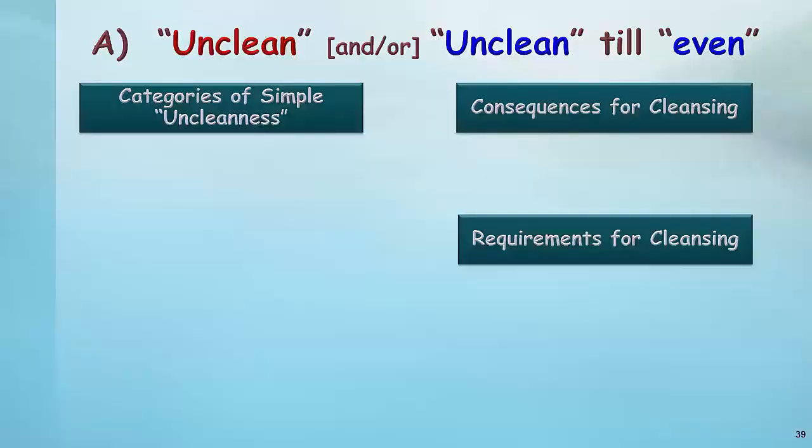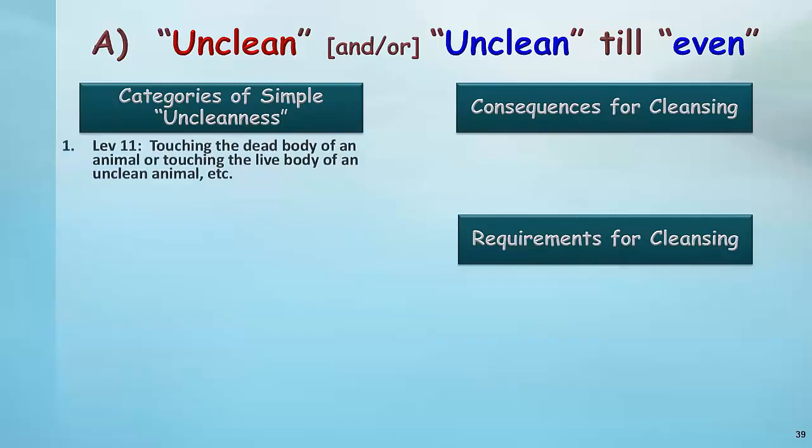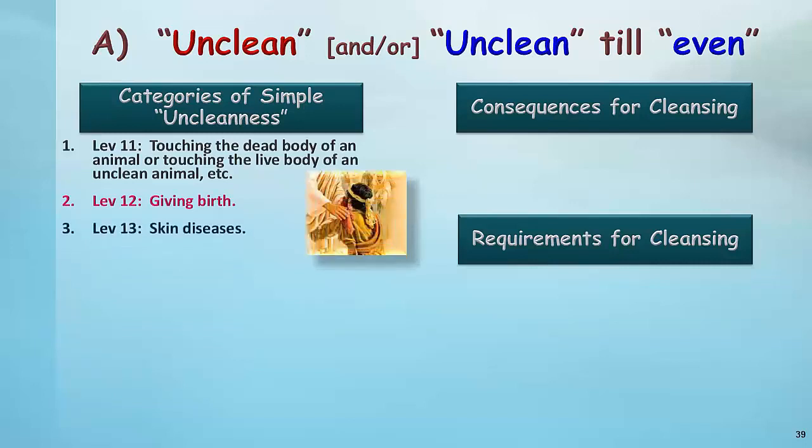Unclean, or unclean till even. There are categories of simple uncleanliness. Leviticus 11, touching the dead body of an animal or touching the live body of an unclean animal. Leviticus 12, giving birth. Leviticus 13, skin diseases.